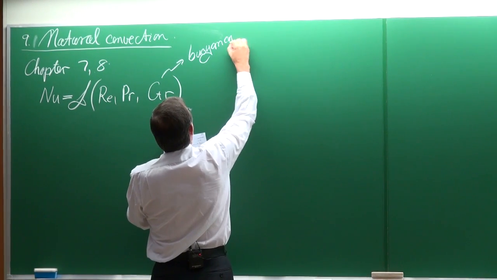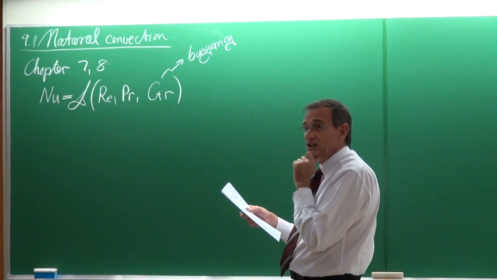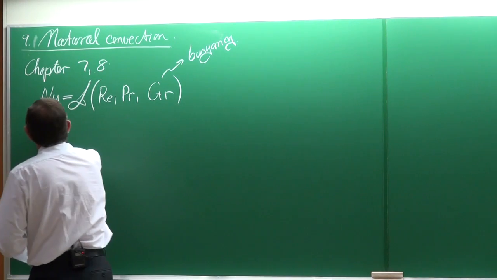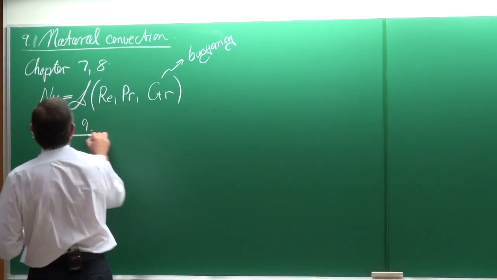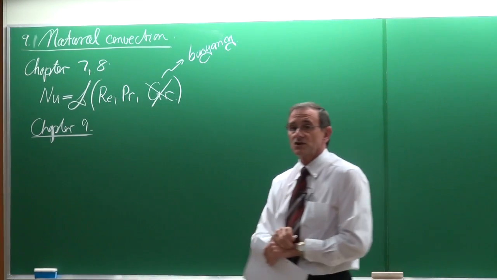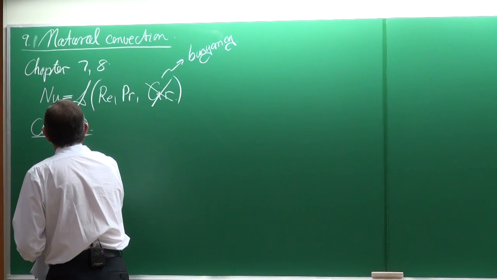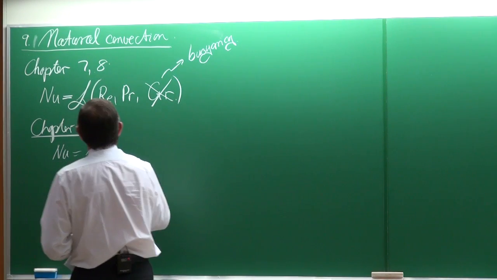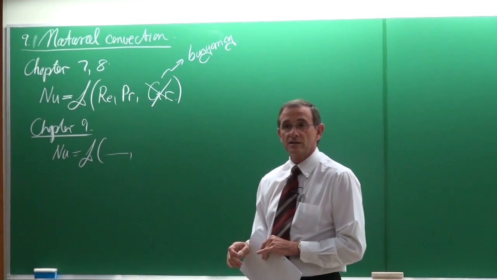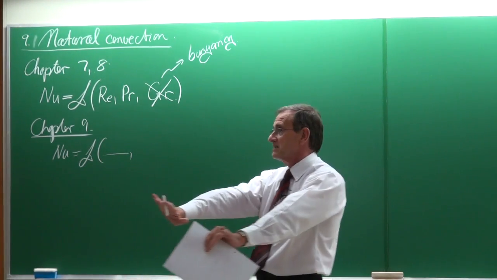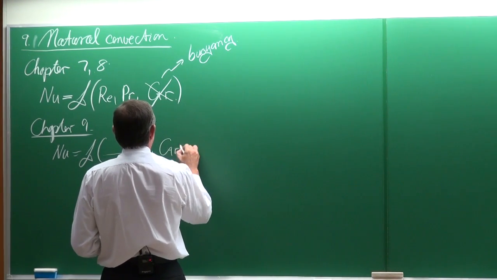That is specifically what we're going to discuss today, because in chapter 9, where previously that term was not taken into consideration, we are going to take it into consideration. But firstly, without the effect of the Reynolds number, so we're going to say the Reynolds number is 0, there's a Prandtl number and there is a Grashof number.